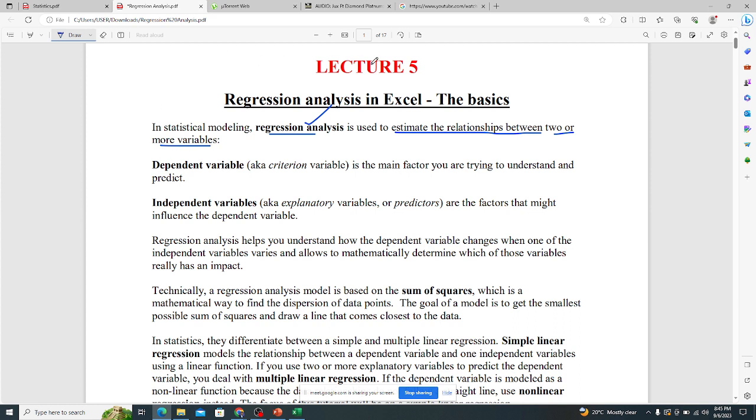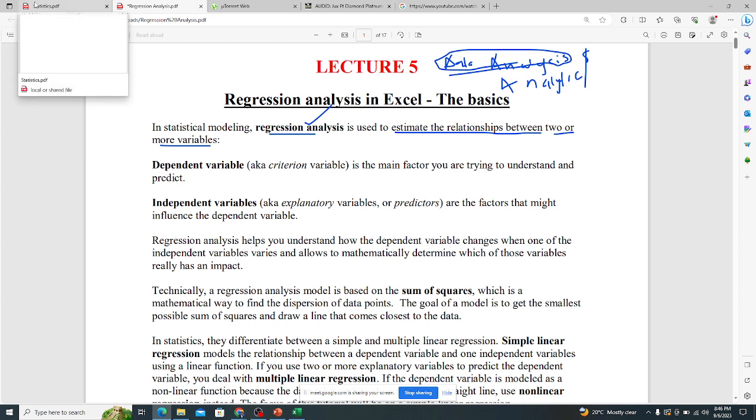I know you know the difference between data analysis and data analytics. Data analysis is more about analyzing historical data to get information about what happened.